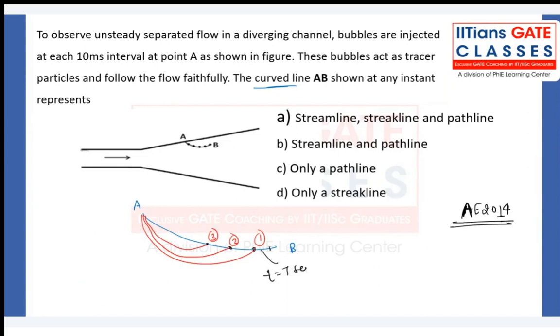That is my streak line. Because this line contains a number of fluid particles, 1, 2, 3, 4, 5. When we have multiple fluid particles, the line which gives you the snapshot of the positions of all the fluid particles is only a streak line.